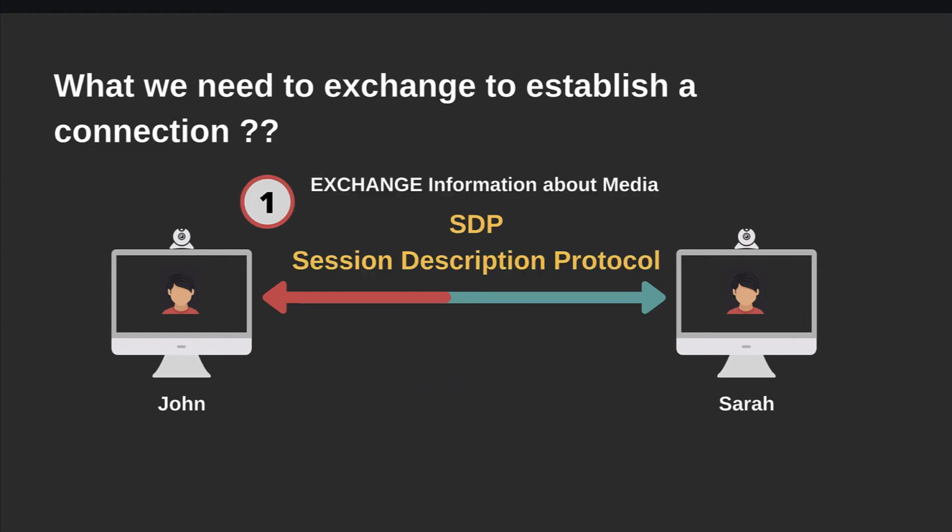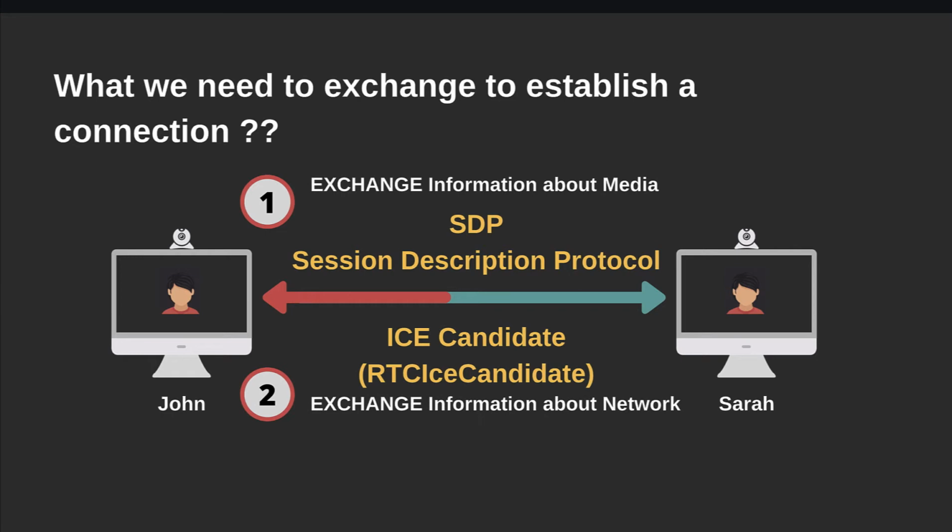For media, we have a format called SDP, Session Description Protocol. SDP does not deliver the media data, but it is used only for negotiation between peers. For network, we have ICE candidates. But we will say in one of my videos that an ICE candidate is not just a format, but a mechanism to collect and select the right network candidates for a peer-to-peer communication.